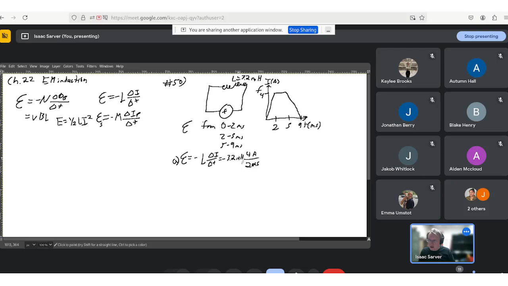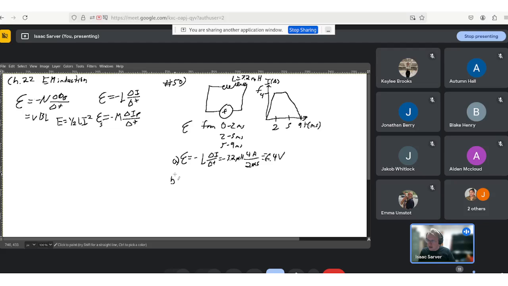This milli cancels with that milli. And the answer is 3.2 times 4 divided by 2. That'll be 6.4. With my sign here, we got minus 6.4 volts.